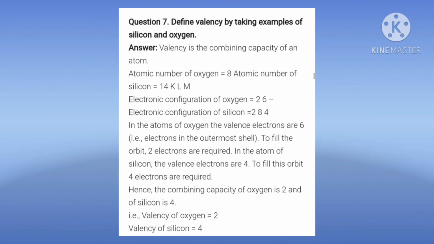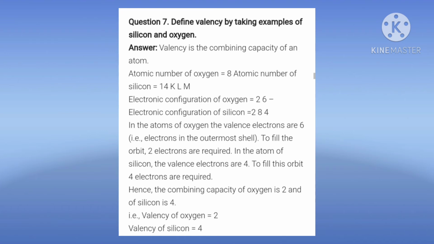That means the electrons present in the outermost shell are 6. So to fill the orbit, 2 electrons are required. It is not that it will donate 6 electrons, rather it will accept 2 electrons. In the atom of silicon, the valence electrons are 4. You can see 4. So to fill this orbit, 4 electrons are required.